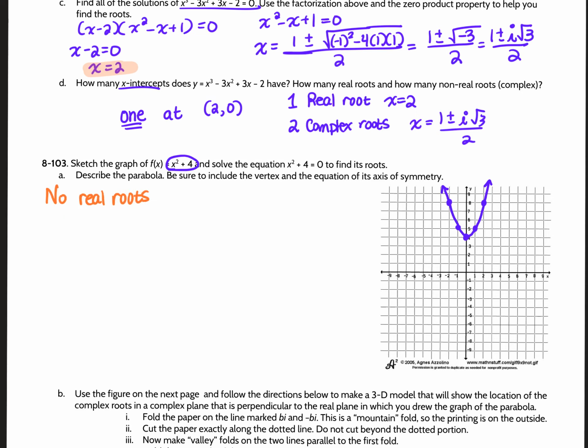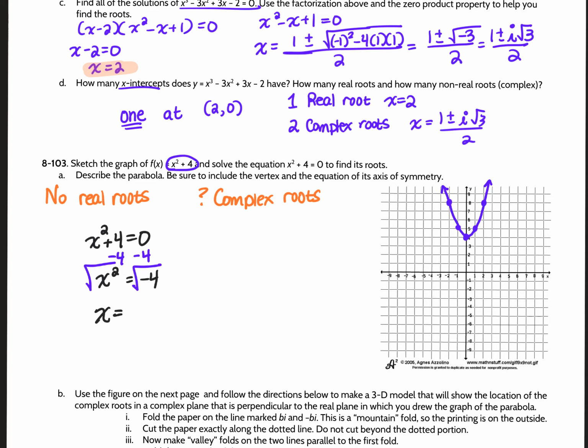So how many complex roots do you think there will be? Maybe some of you are already understanding where this is going. If not, let's go ahead and find all of our roots here. So I'm going to take my equation, the x squared plus 4, and I want to set it equal to 0 so I can find the roots. So to solve this equation, this is a pretty basic equation until we get to this step where we take the square root of both sides, because that's what's new.